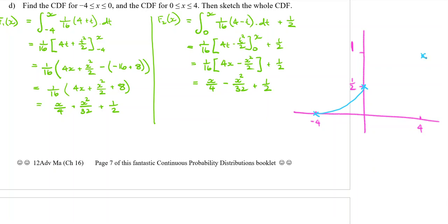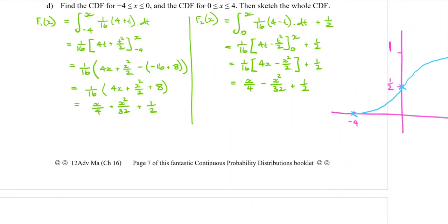You'd sub 4 into your equation and you should get 1. But this is also a parabola, but it's a concave down parabola because it's negative on the x squared. So it's going to go like that. And that is the graph of that. Okay, let's keep moving.